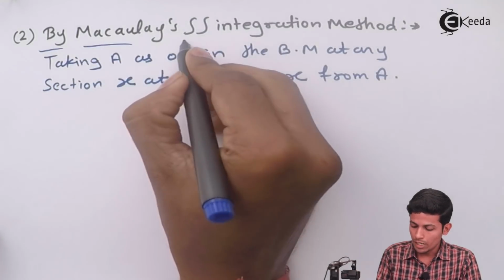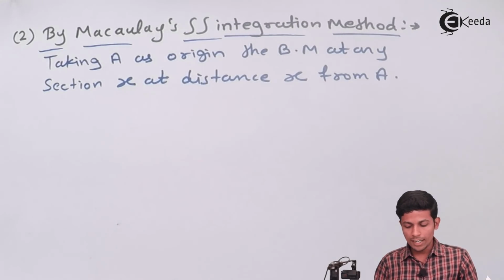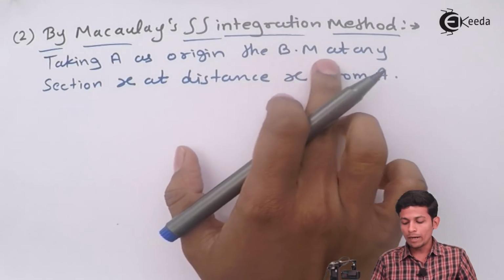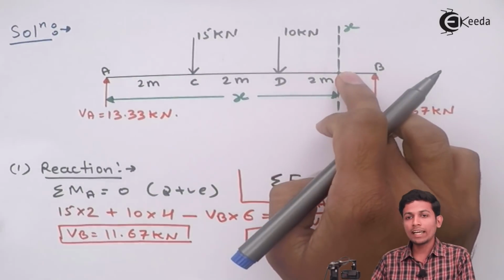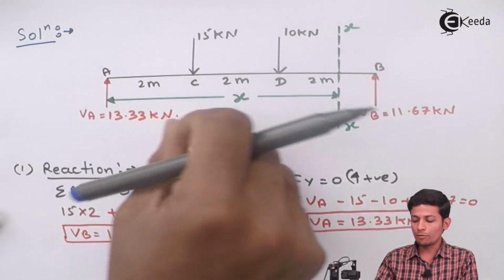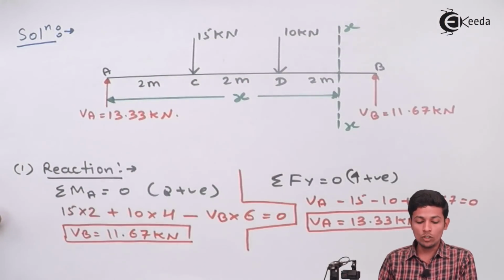By Macaulay's double integration method, taking A as origin. This is your origin. The bending moment at any section x at a distance x from A. Bending moment at any section means we are taking the section over here and taking origin as A. Now we have to take the bending moment over here and see this side only. We have to take all the loads. That's what Macaulay's method says for us.